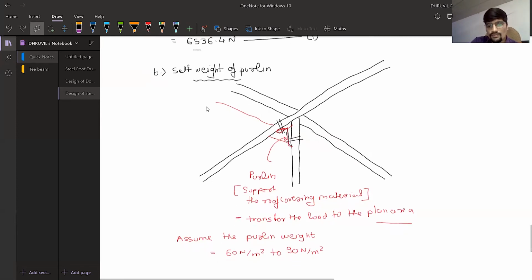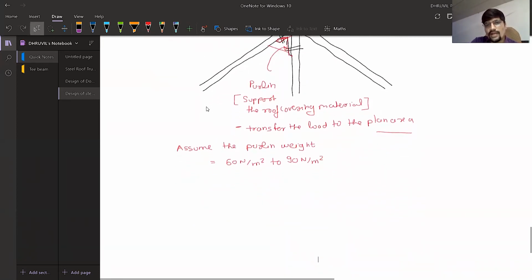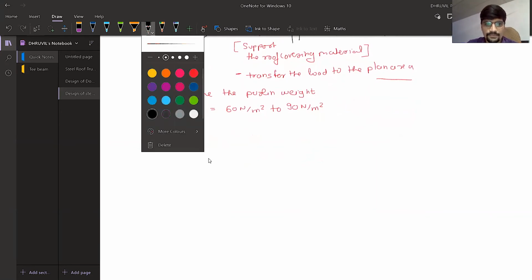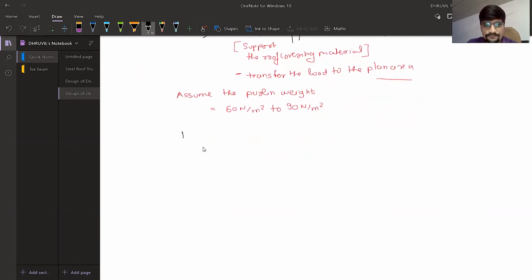In between these we can provide 60 also and we can provide 90 also, or we can select from the middle also. So let us assume 90 Newton per meter square. Okay, it occurs on plan area.